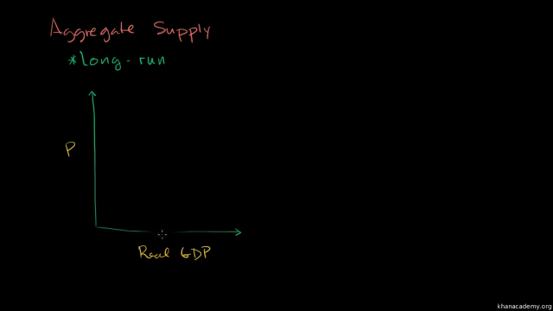And so the assumption that economists often make when we think about aggregate supply and aggregate demand is that in the long run, real GDP does not depend on prices. So regardless of what the price is, you're going to have the same real GDP. And you could view this as a natural level of productivity for the economy. So this is some level right over here.